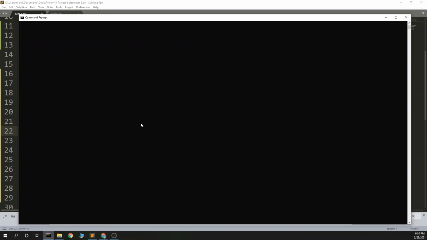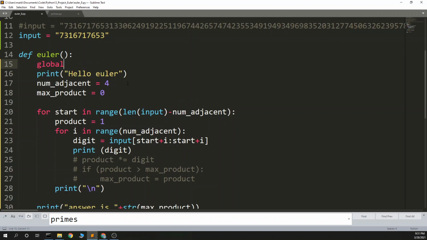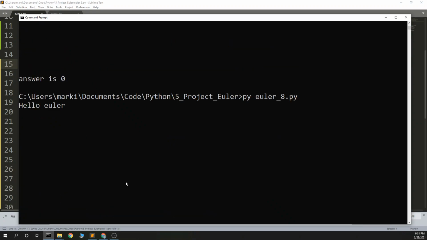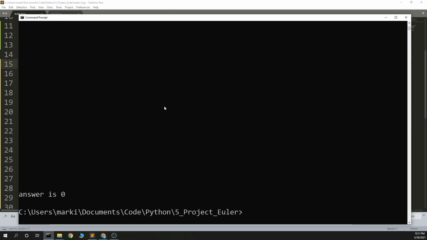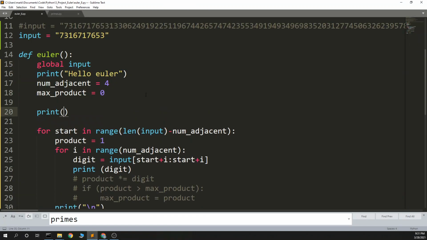All right, so. Oh, I know what I'm doing wrong. I think I need to get the global input. See if I can pull in the... Nope. Am I getting the input? Print input.